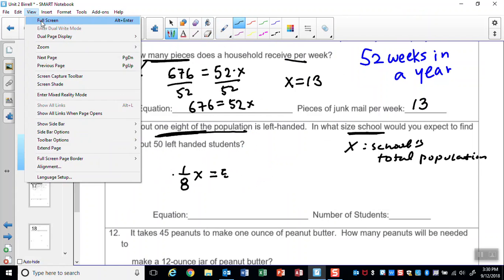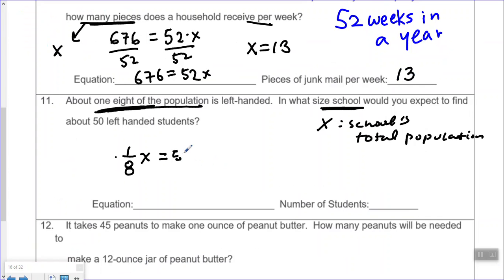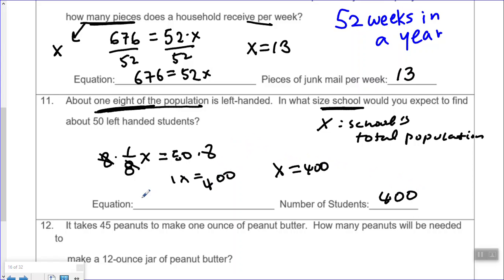So multiply both sides by 8. Then you have 1x equals 400. So x equals 400. So there are 400 students and 1/8 is left-handed. So 1/8x equals 50 is the equation.